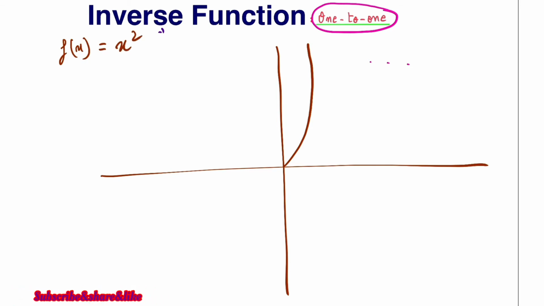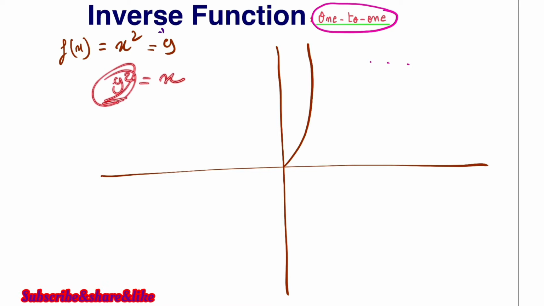How do we find the inverse function? Let's call it y. What we do is switch these two: we substitute x with y and y with x. In this case it will be y squared equals x, and then we solve for y.